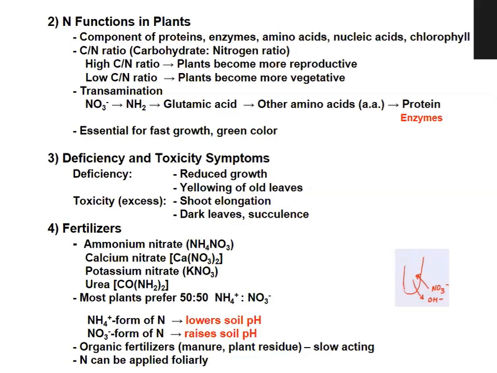In the NH4 form, nitrogen lowers the soil pH, and in the NO3 form, due to its acidic nature, it reduces the pH of soil. Some organic fertilizers, manures, plant residue, and green manure crops also add nitrogen, and nitrogen can be applied as a foliar application too.